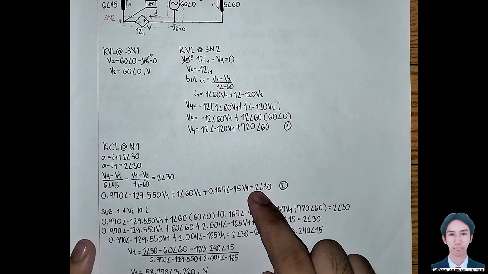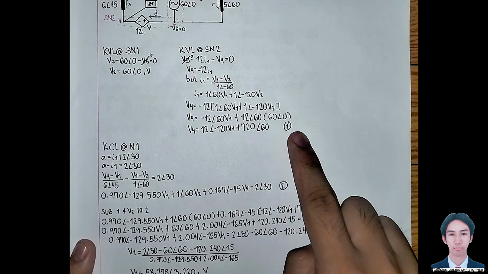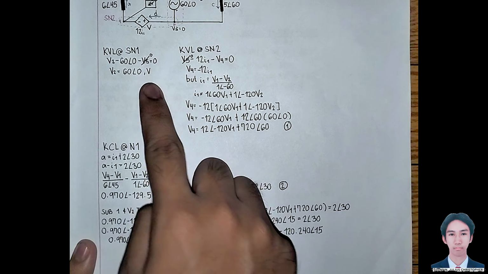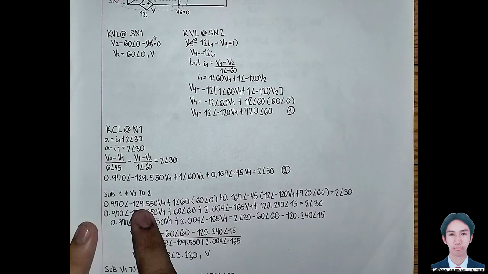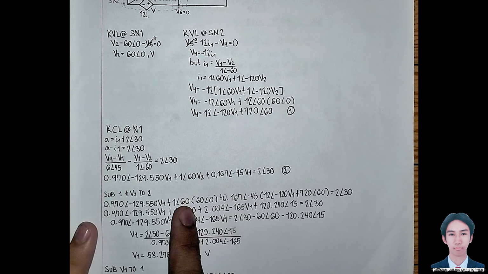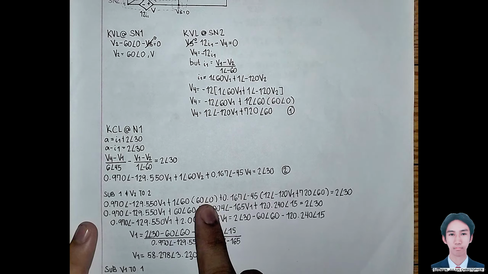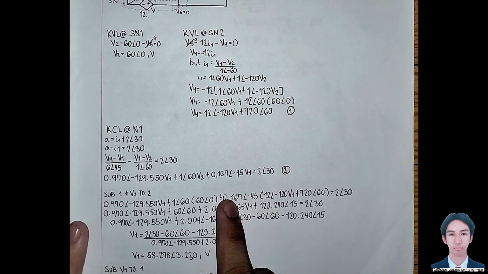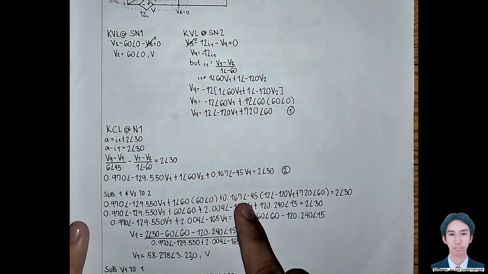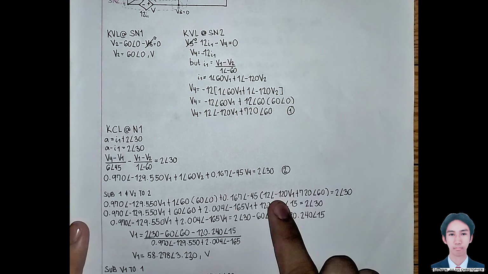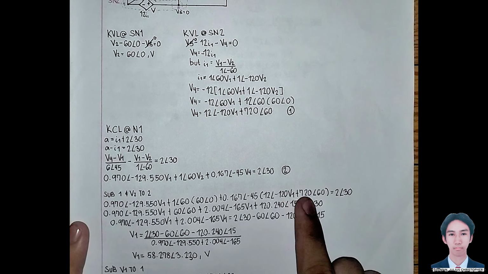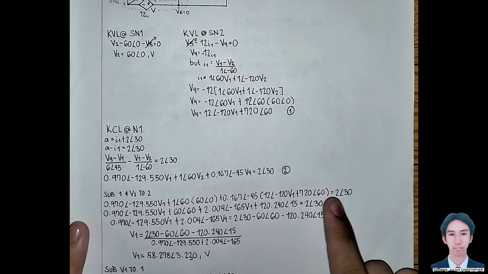Now, let's substitute the first equation and the value of V2 into equation 2. Now that's 0.97∠-129.55° V1 plus 1∠60° times the value of V2, which is 60∠0°, plus 0.167∠-45° times our equation 1, which is 12∠-120° V1 plus 720∠60°, is equal to 2∠30°.